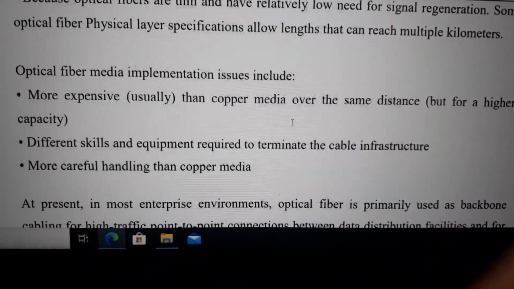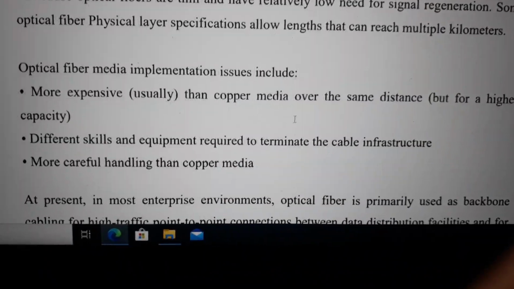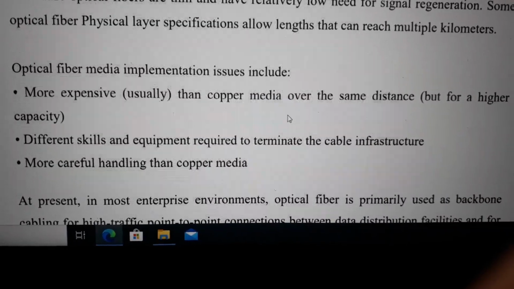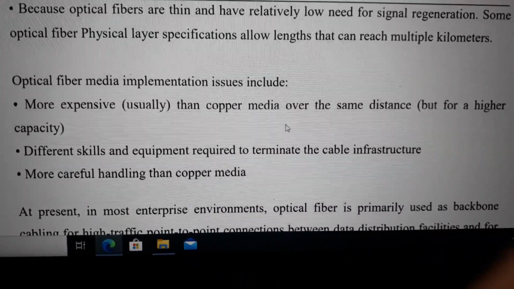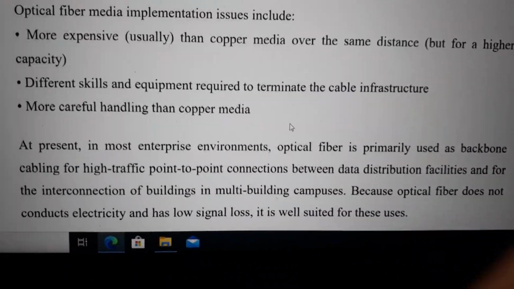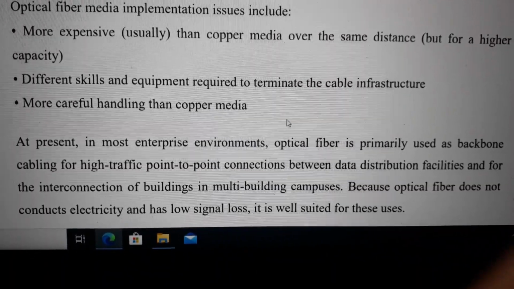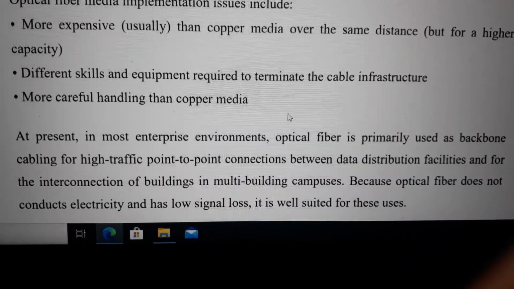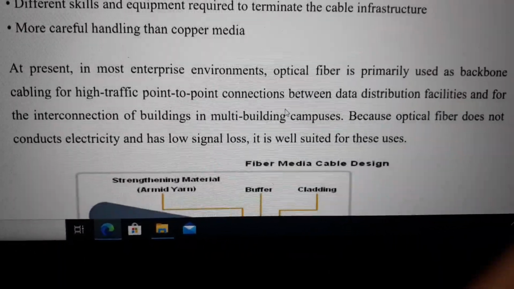Optical fiber media implementation issues include: more expensive than copper media over the same distance, different skills and equipment required to terminate the cable infrastructure, and more careful handling than copper media.